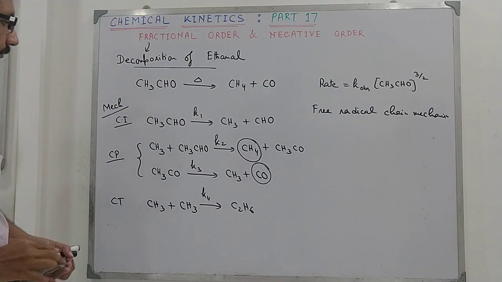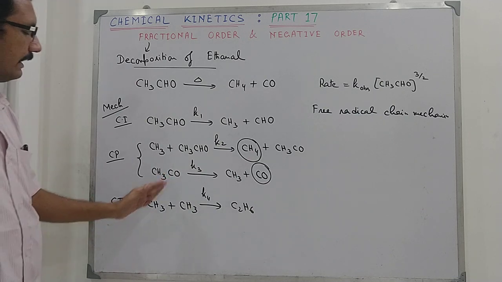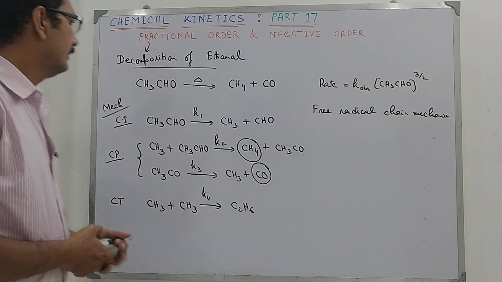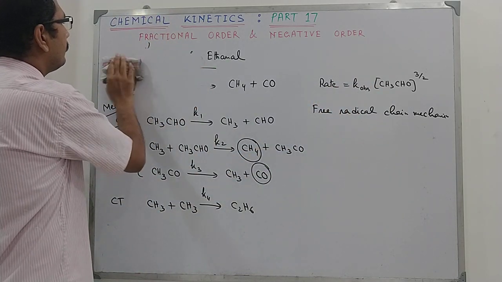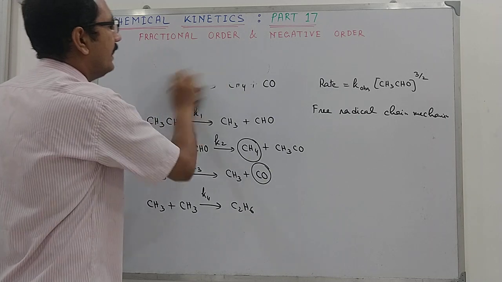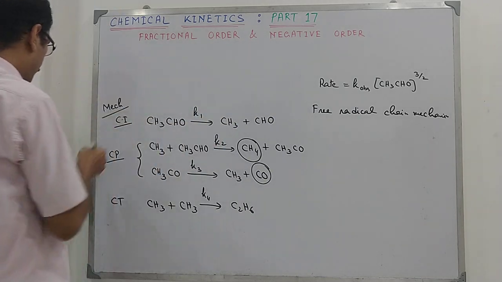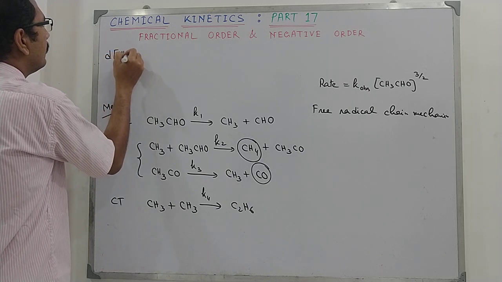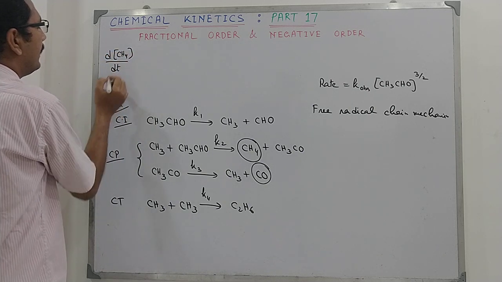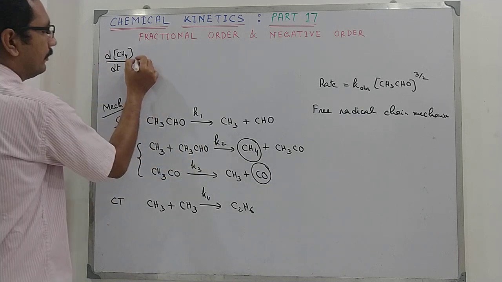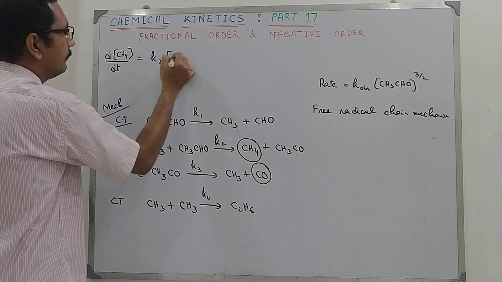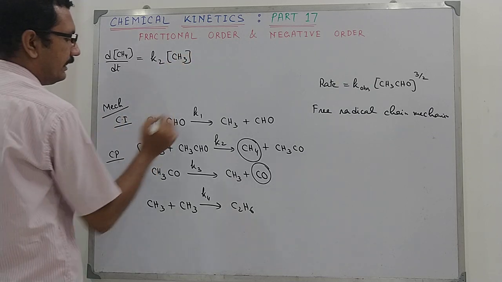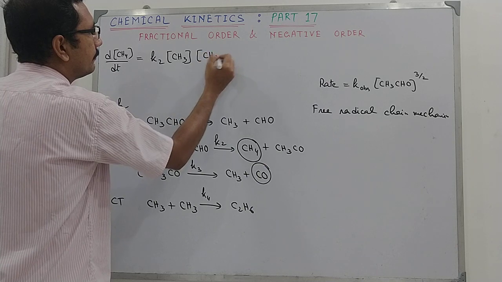We have to show that this mechanism establishes this rate equation theoretically. So let us start. We have the rate of formation of product, which is rate of formation of methane, which is K2 into concentration of methyl radical and CH3CHO.